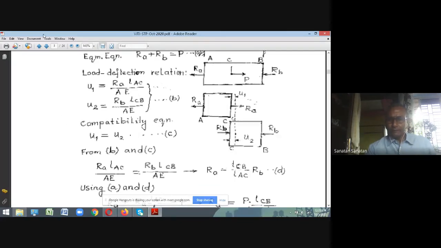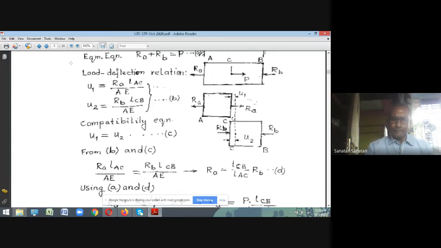And therefore, U1, which is the deformation of AC, and U2, the deformation of CB, must be the same. This is called the constraint condition, or compatibility condition. So the displacements of the segments AC and CB, U1 and U2, are the same, and therefore this is called the compatibility condition. The deformation that is constrained can also be used to find an extra equation.